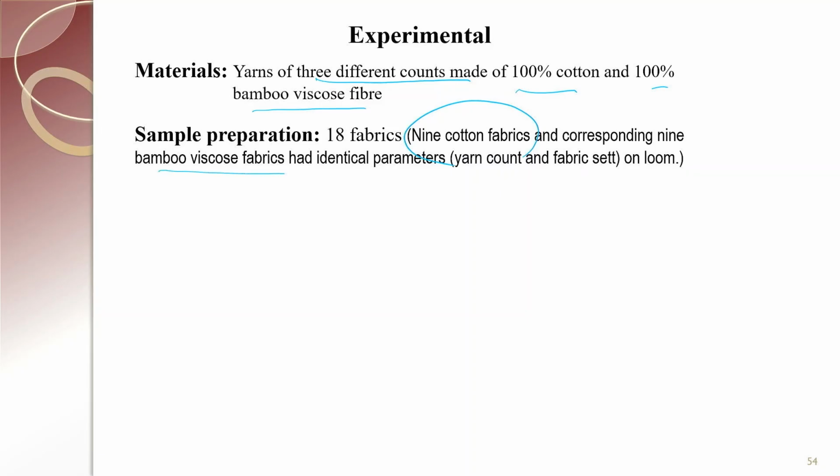They have identical parameters, like yarn count and fabric set. So, on loom parameters we have created identical fabrics. Fabric set, ends per inch and picks per inch we kept the same, and yarn counts are exactly the same.